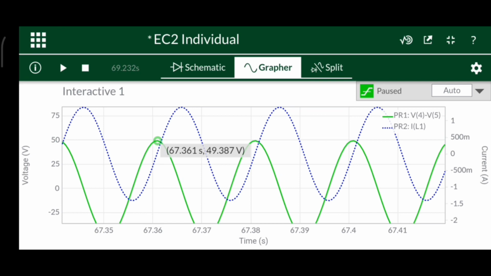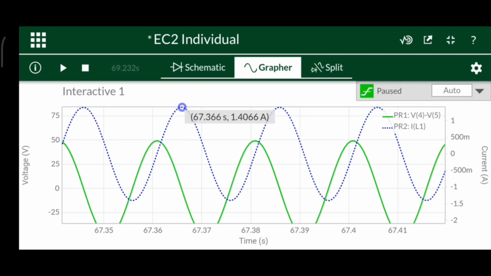After that, we pick the peak value of the graph and denote it as the current and voltage across the inductor. The green graph represents the voltage, while the blue dotted graph represents the current.